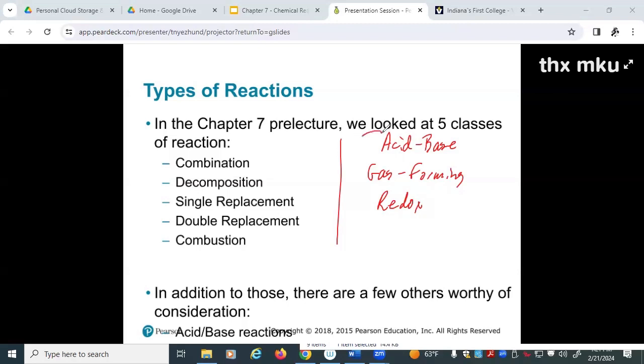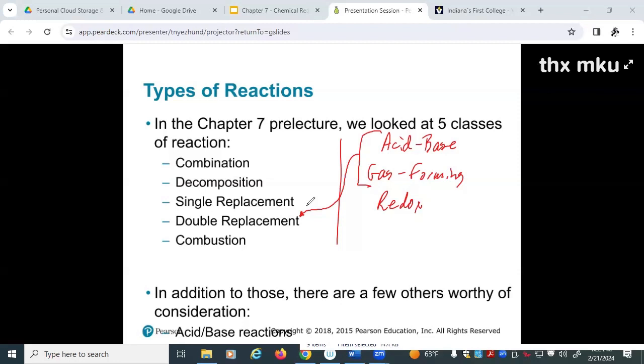Now, acid base and gas forming, for those of you that have done the readings already, those are going to look like double replacement. Basically, we're just talking about more specific classes of double replacement reactions. On the redox front, what we're going to see is that redox reactions are a kind of umbrella term.